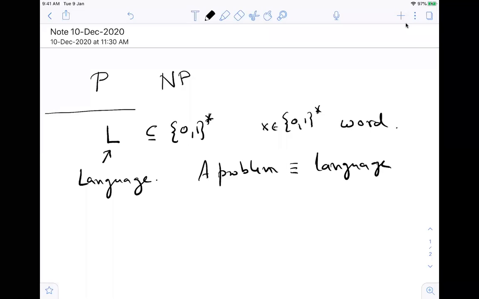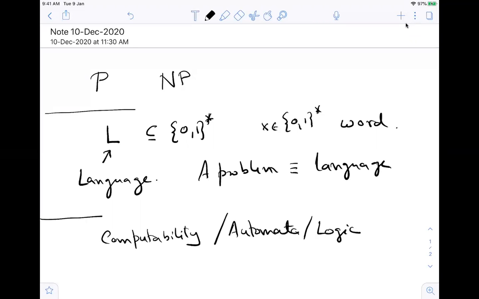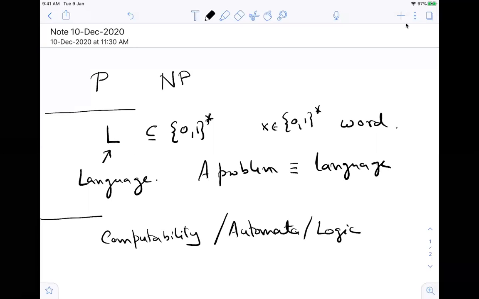Okay. So if you are interested in learning this formal stuff, this comes under the area of computability theory, computability, or automata, or even to some level logic. If you are interested in learning about it formally, it's a beautiful subject, and it has unbelievable connections to a lot of things.